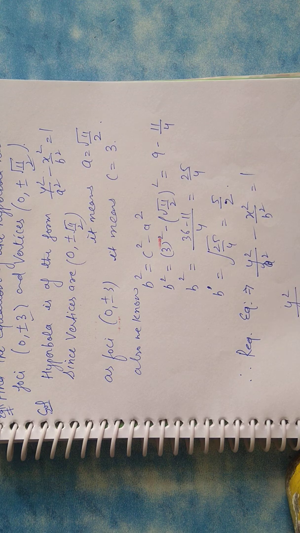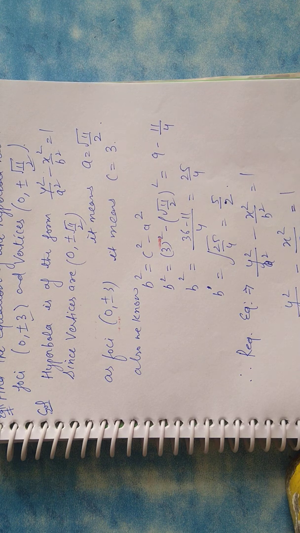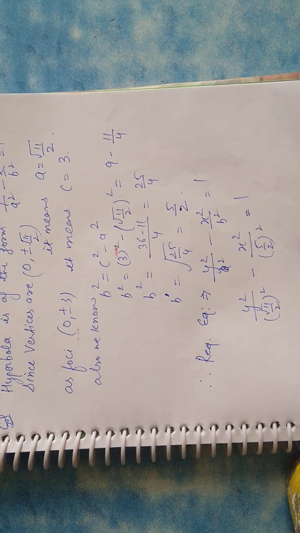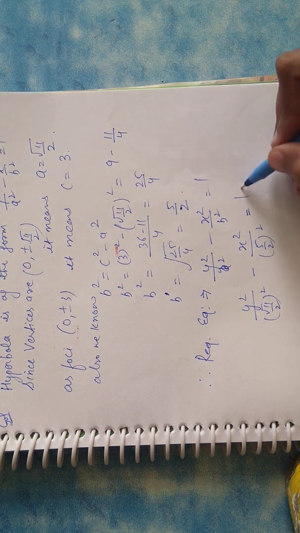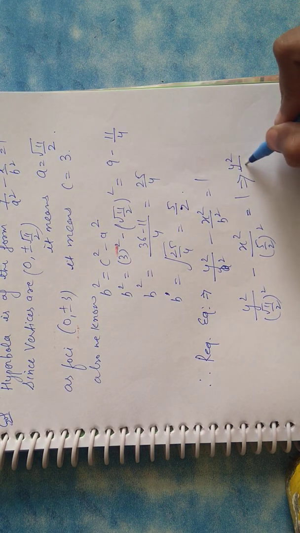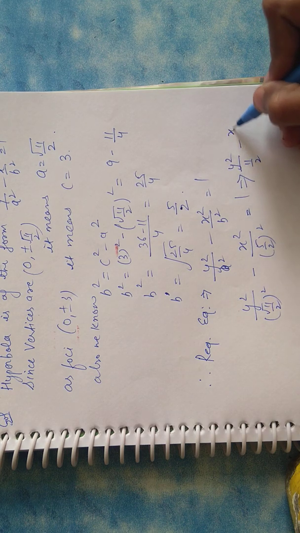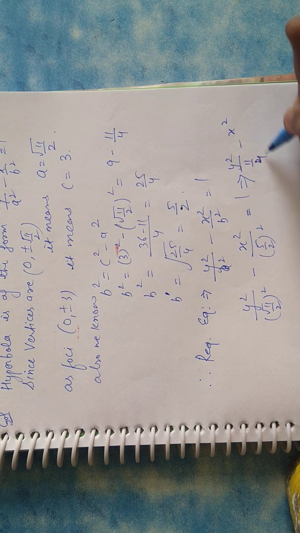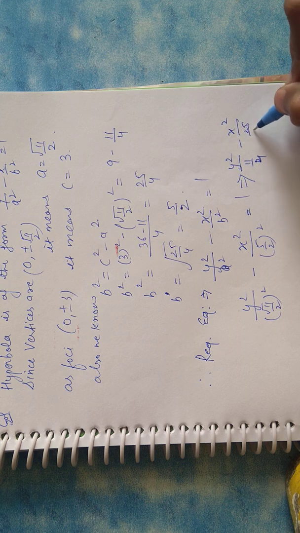Y square upon root 11 by 2 square minus x square upon 5 by 2 whole square, that is equal to 1. Clear beta? Now after this what will we get? y square upon 11 by 4 minus x square upon 25 by 4.